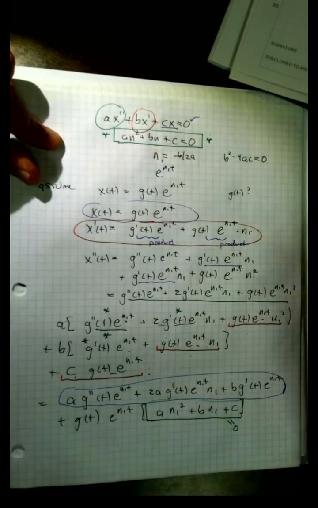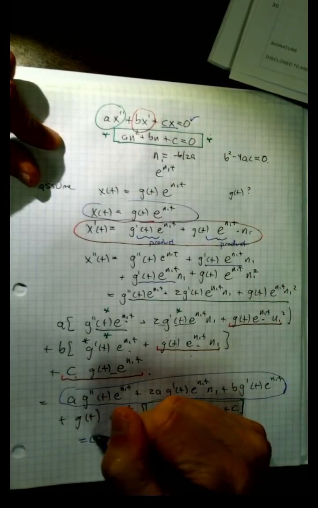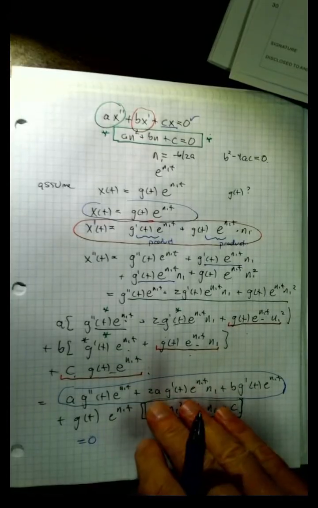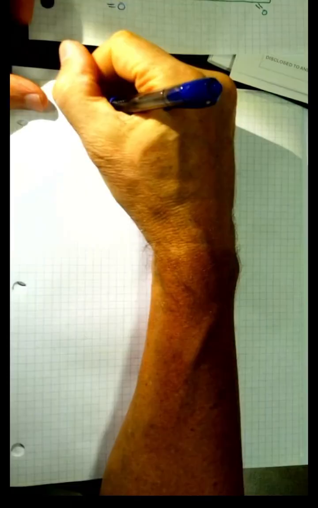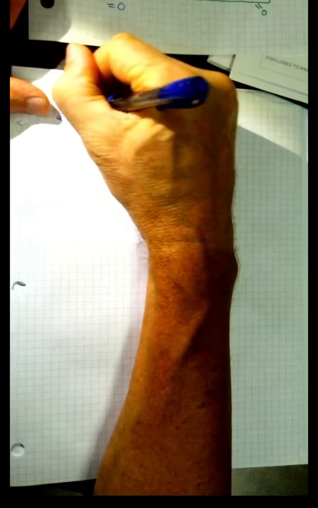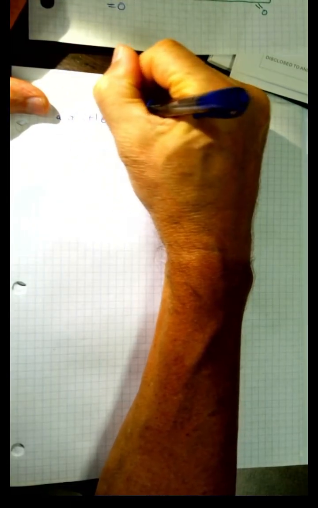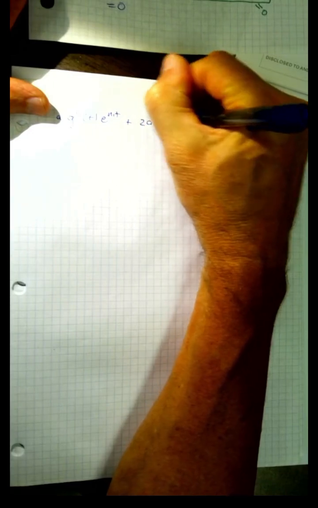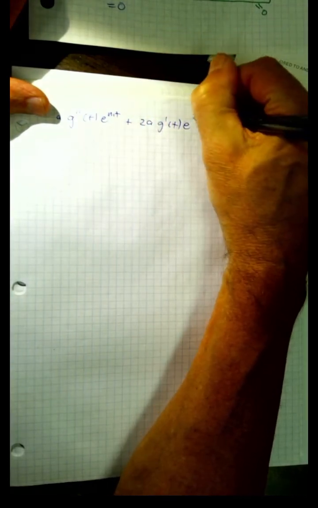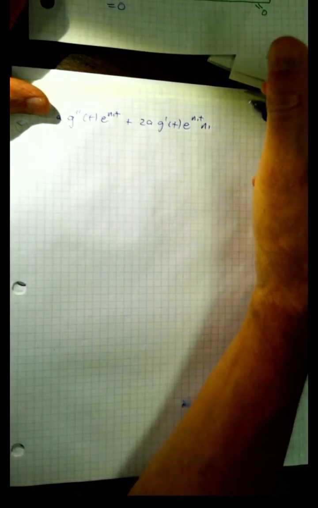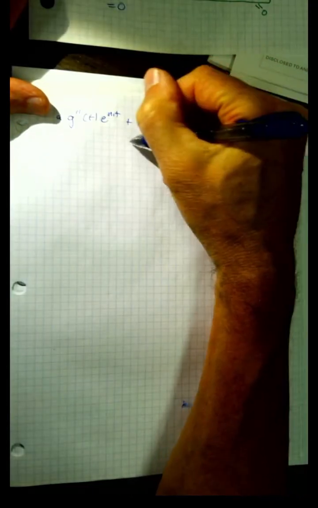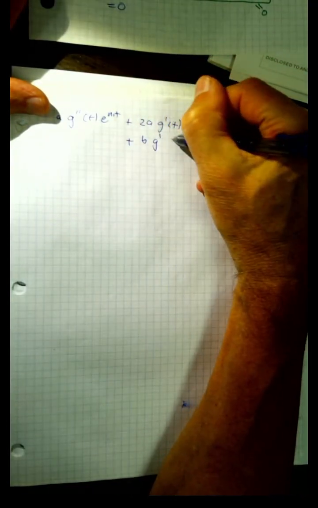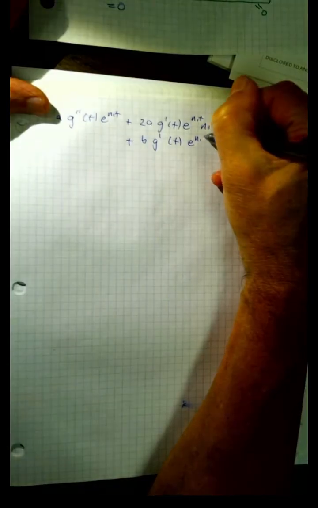And keep in mind, I want this all to be equal to 0. So my new equation now becomes a g double prime e to the n1t plus 2a g prime e to the n1t n1 plus b g prime e to the n1t all equals 0.